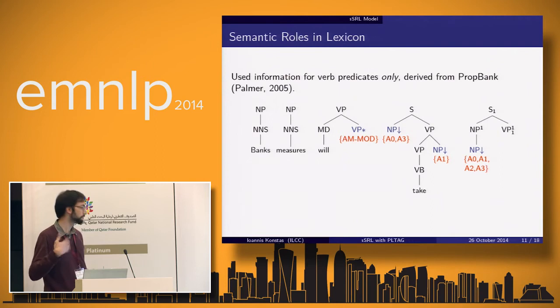So I will be calling those things integration points in the course of the talk. So what they really correspond to is, this, for example, is a modifying tree, okay? And this is the auxiliary node here, it's the foot node. So I'm projecting the modifying semantic role labeling information here, and I put it on the integration point.